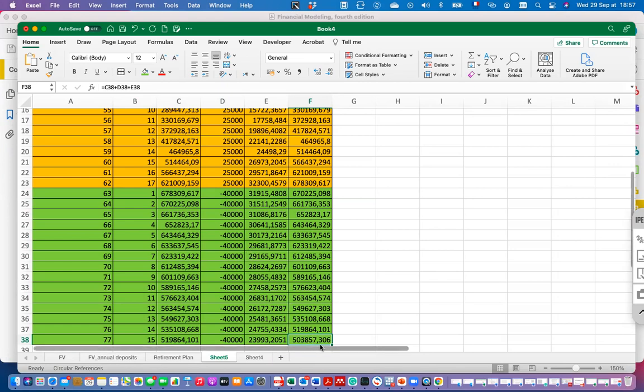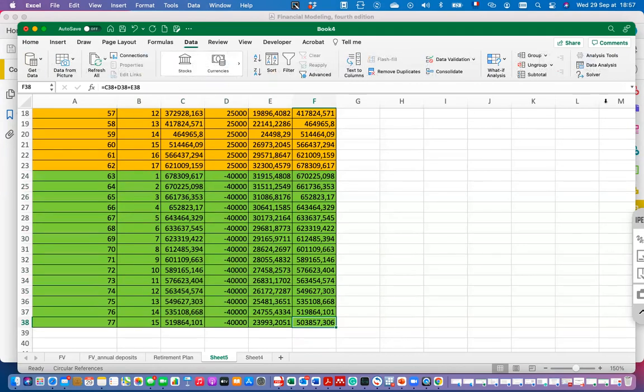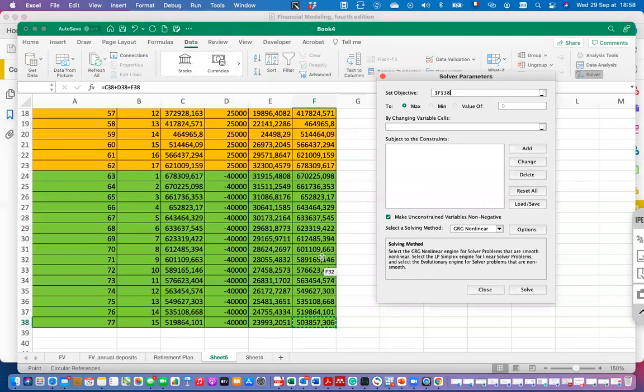each year. By the end of my plan, there is almost $500,000 left in my balance account, which is not the right thing to do. I should have zero here. So I will go to data solver. I'll get the value of F38.